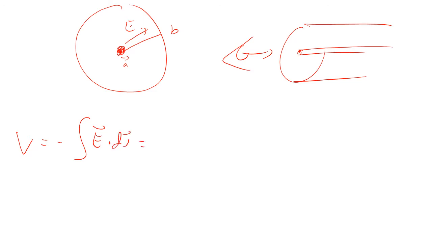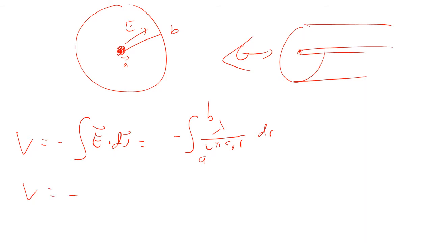Okay, and so what we've got here is basically the integral from A to B of E dot ds. So that's lambda over 2 pi epsilon naught over r dr. Okay, and so we can do the integral here.